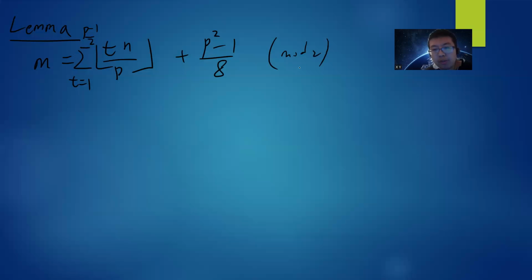Since we only care about mod 2, I only need to compute m mod 2. Okay, so this is the theorem. The theorem tells you that m is equal to this plus this, mod 2.